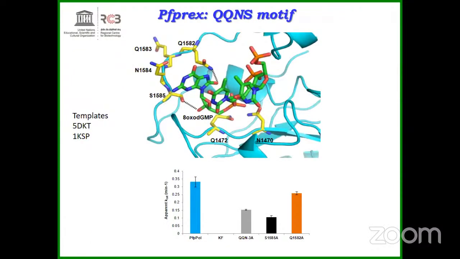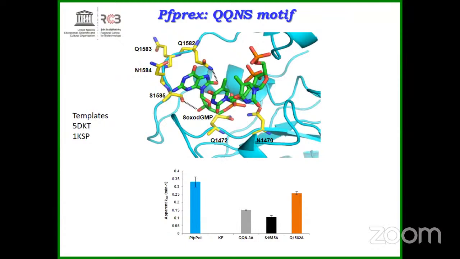And it can do this because in the exonuclease domain there is this specific motif, QQNS, the residues of which form interactions with the damaged nucleotide. And this QQNS was only seen in this Plasmodium enzyme and not in any other A family polymerases.